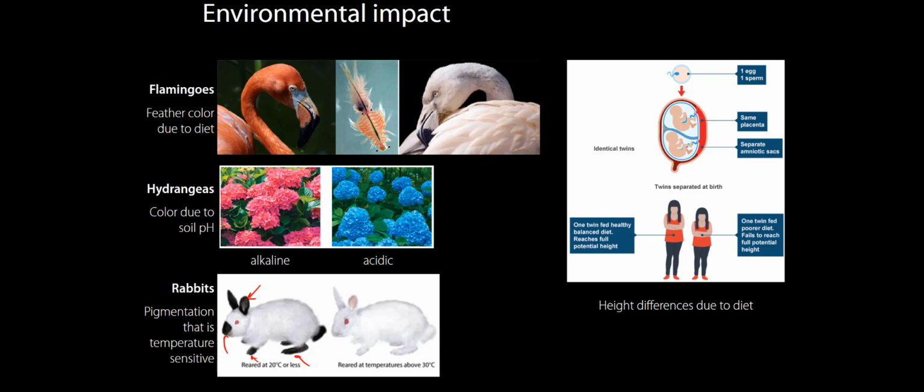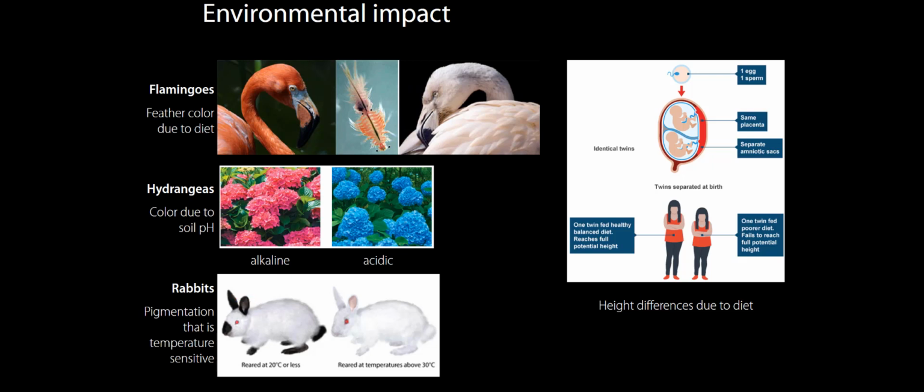But the idea here is that these ends or edges of our skin are the coolest areas. So a bunny raised in the cold and having pigmentation in the very tippy tops of all of its extremities shows us there's an enzyme being expressed that doesn't work at high temperatures, but does work at low temperatures.